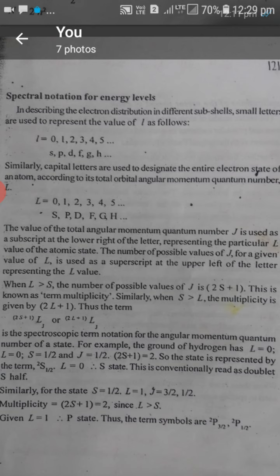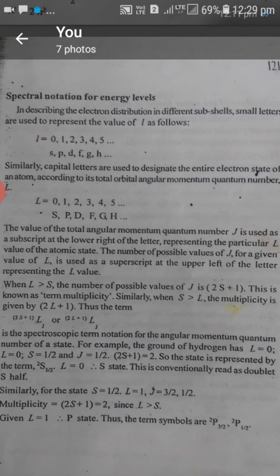That is how we write the spectral notation: the total angular momentum quantum number, capital J, is written as the subscript, and the possible values of J are written as the superscript. Now, the orbital angular momentum quantum number is what?